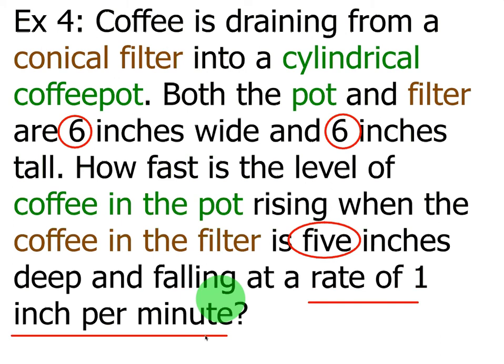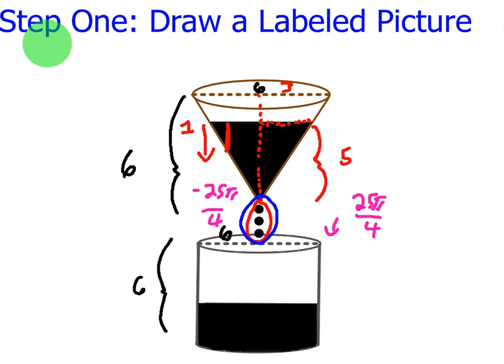Okay, so we basically saved the best for last, right? Because we have a little bit more complication going on. Let's go ahead and take a look at the picture that I drew. Most of you have probably seen a coffee filter. Some of them are conical and some of them are more cylindrical, I guess you could say.